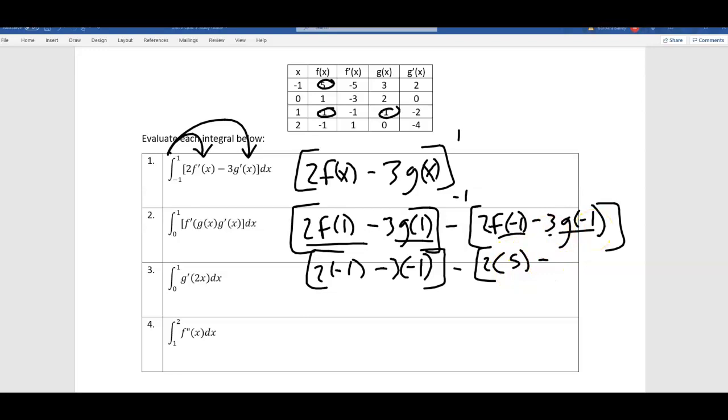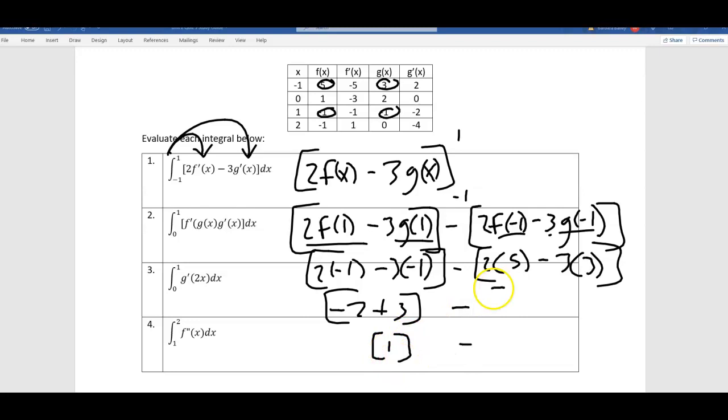And g of -1 is 3. So we have -2 plus 3 is 1. And we have 10 minus 9, which is 1. And the final answer there would be 0.